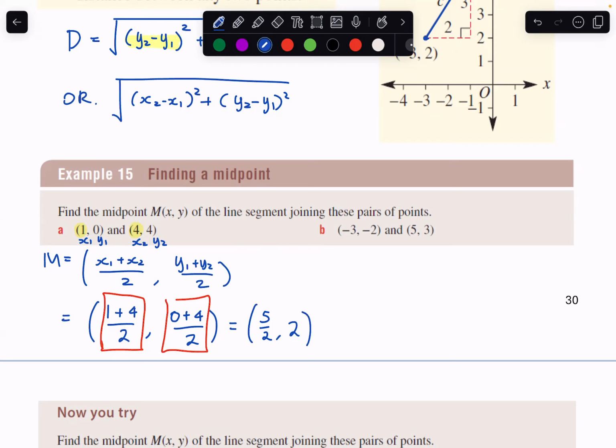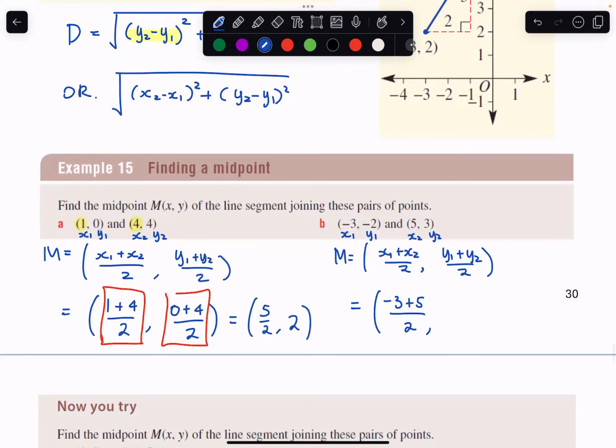All right, I'll show you another one. Second one, M equals to bracket x1 plus x2 divided by 2, y1 plus y2 divided by 2. Same thing, we label it first, okay? x1, y1, x2, y2. x1 equals negative 3, plus x2, which is positive 5, divided by 2.